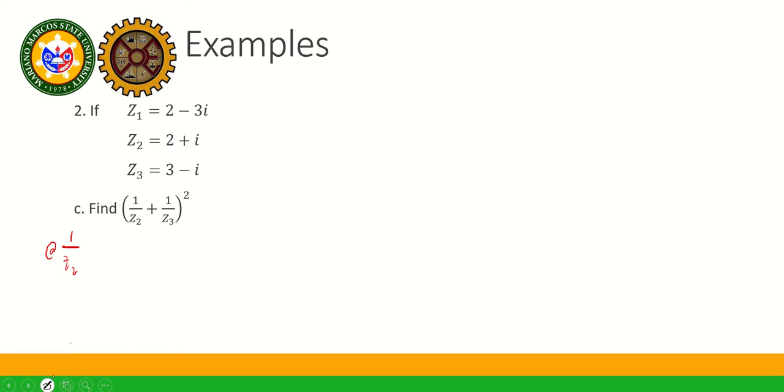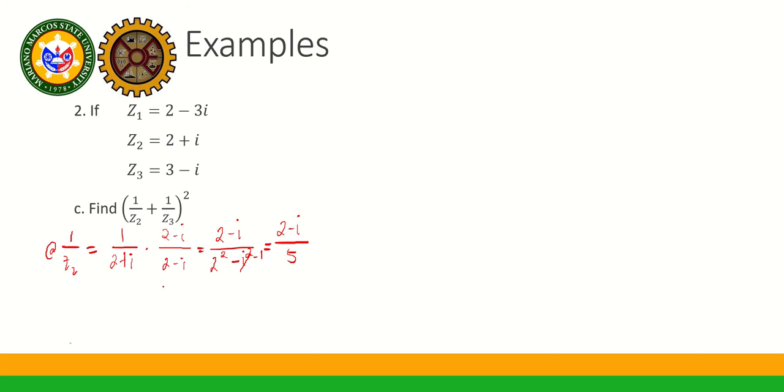So this will be equal to 1 over 2 plus i, and then we multiply the complex conjugate, that will be equal to 2 minus i over 2 squared minus i squared, and i squared is equal to negative 1. So this is 2 minus i over 2 squared is 4 plus 1, that is 5.